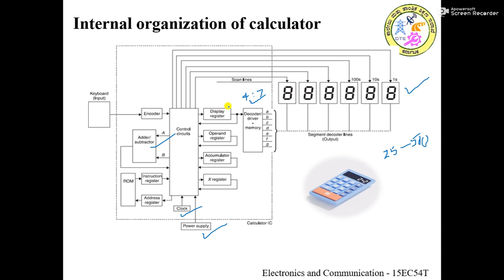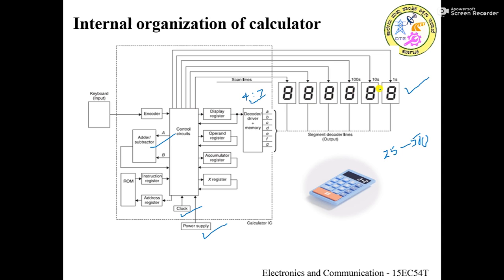Next, once the user enters the first data, the very next thing he is going to enter is the operation code. Whenever he enters the operation code, the first data that was entered has to be routed or stored somewhere else, because the next data is to be displayed on the display.